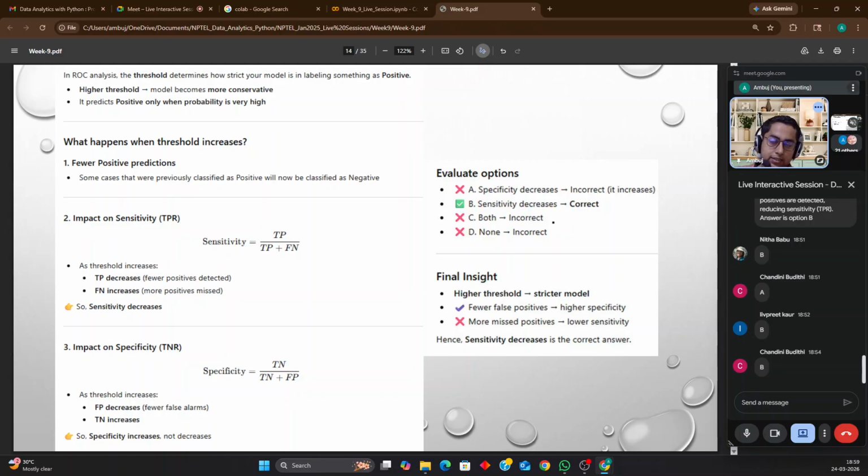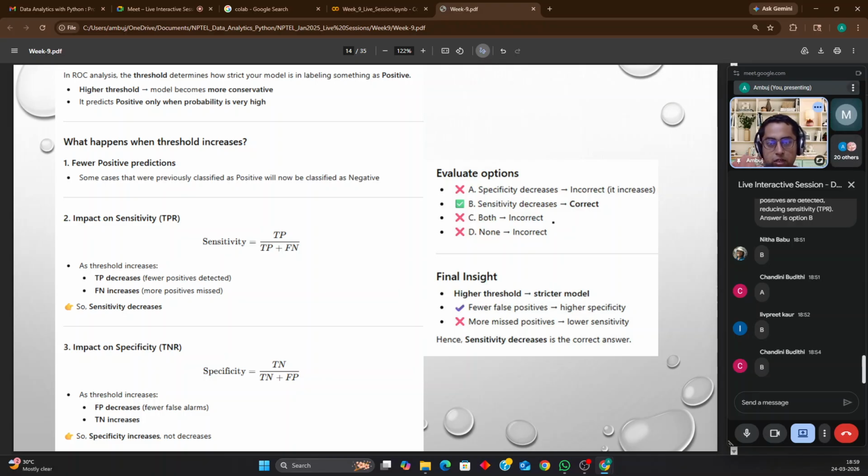Some cases that were previously identified as positive will now be treated as negative. What is the impact on sensitivity, or true positive rate? Sensitivity is true positive divided by true positive plus false negative. True positive decreases, false negative increases, so sensitivity itself will decrease.